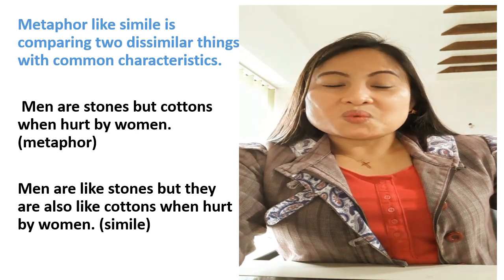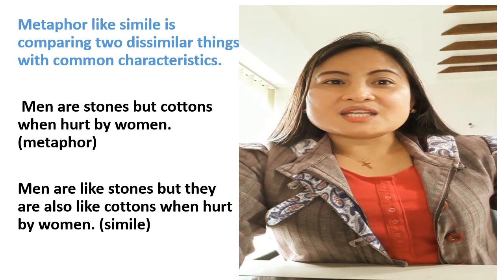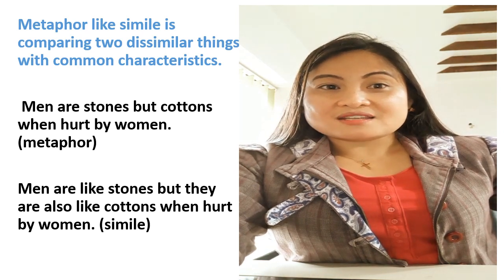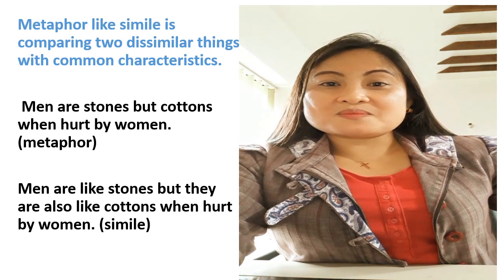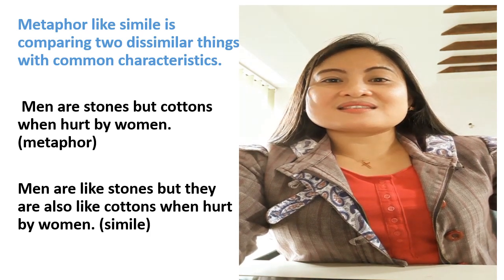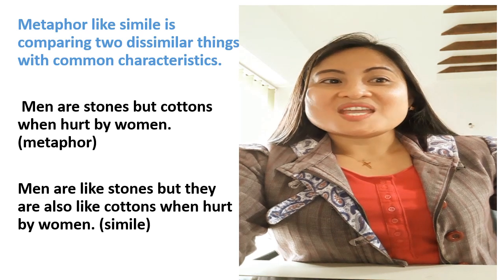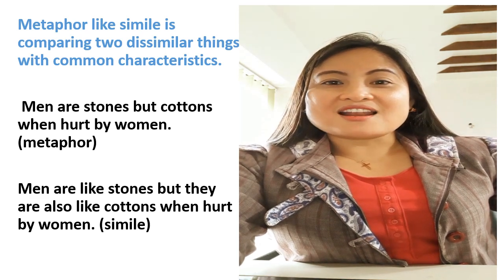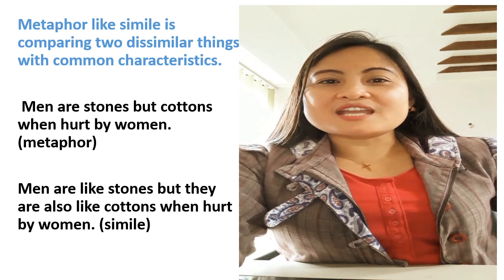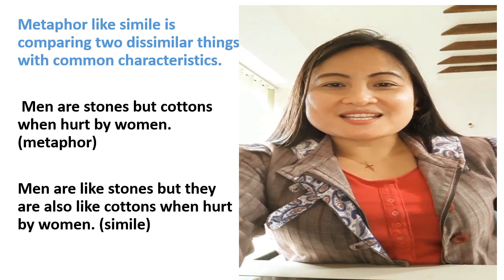With metaphor, it will be without the use of like or as. Well, for the simile, we just simply use like or as. So this is the transformation. Men are like stones, but they are also like cottons when hurt by women.